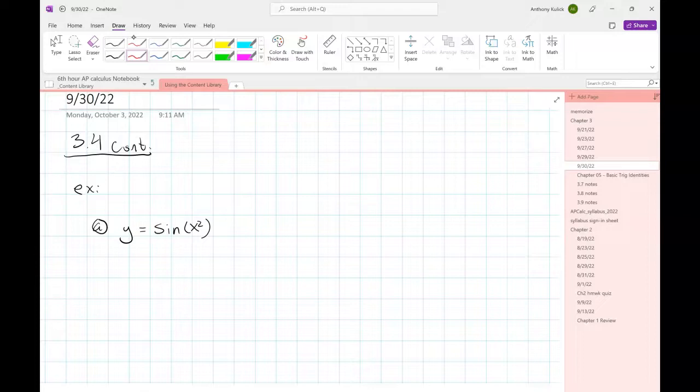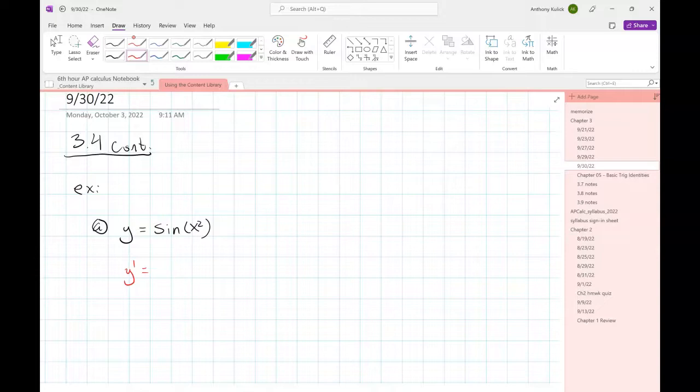In this case, the outer function is sine x, and the inner function would be x squared, since the x squared has been plugged into sine x. Everybody's okay with that? The chain rule says the derivative of a composition is the derivative of the outer function times the derivative of the inner function.